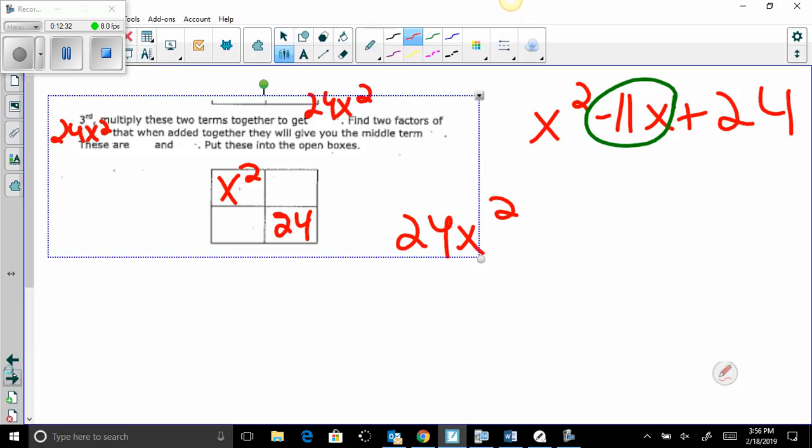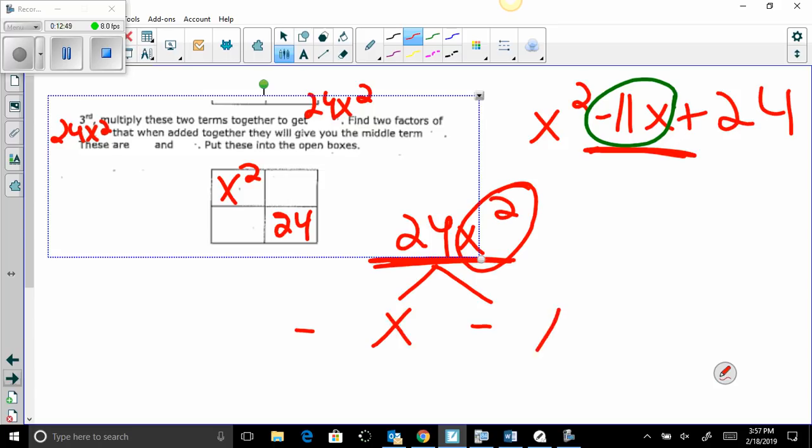If they multiply to give me a positive, but add to give me a negative, what do their signs have to be? Yes, their signs both have to be negative. I have two x's here, so each one of them gets 1. What are some factors of 24, both of them being negative numbers, that could add to give me negative 11?